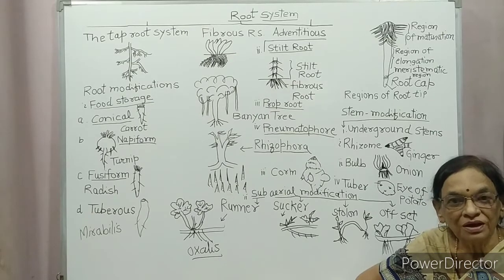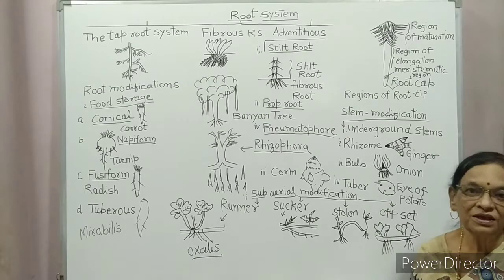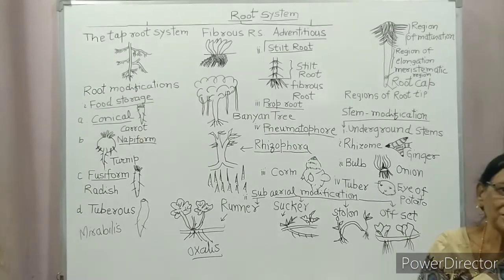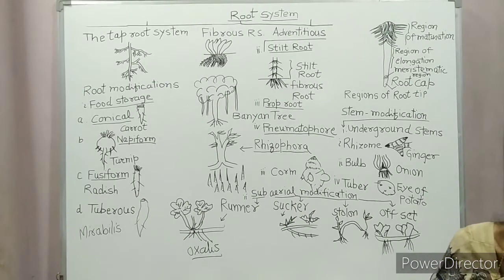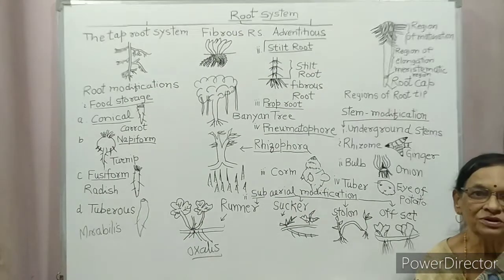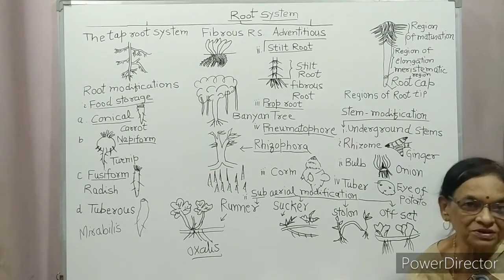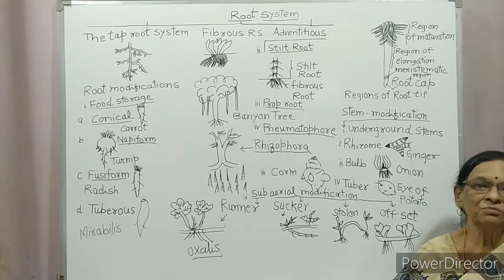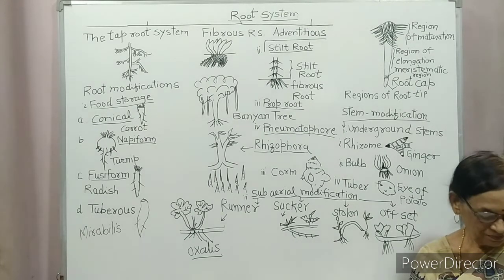Roots grow endogenously. Endo means inside. They grow inside the soil. These roots have no nodes and internodes. So a characteristic of root is they bear no node and internode.